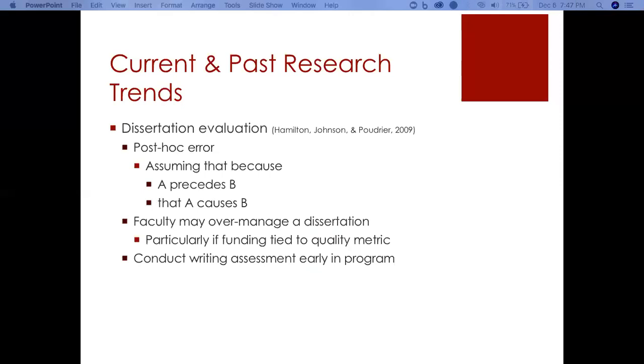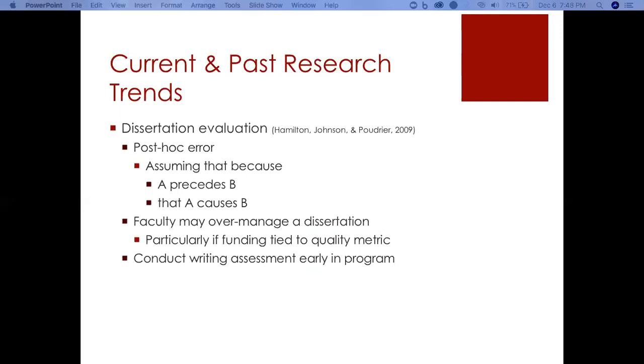So the mere fact that doctoral instruction precedes the creation and delivery of a dissertation doesn't necessarily mean that that instruction actually contributed significantly to the quality of that dissertation. Now, oftentimes it does, but there are other explanations.